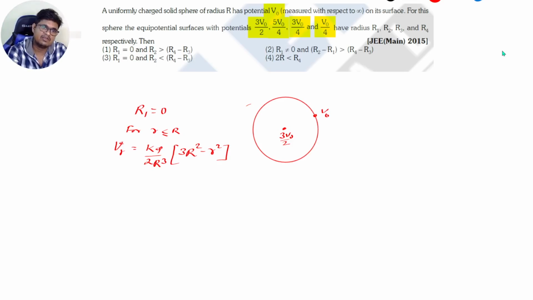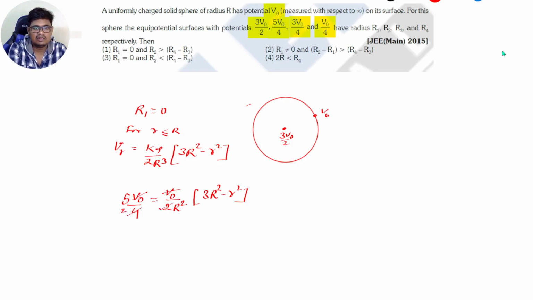Okay, so I will be substituting it here. V at r, that is 5 V naught by 4, and kQ by R I will be writing as V naught, by 2 times R square, times (3R square minus r square). You can see V naught and V naught will cancel out, and 2 times 2 is 4.